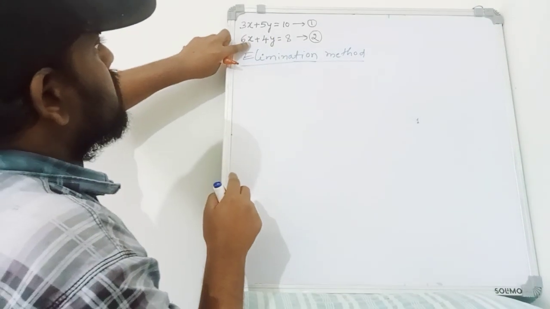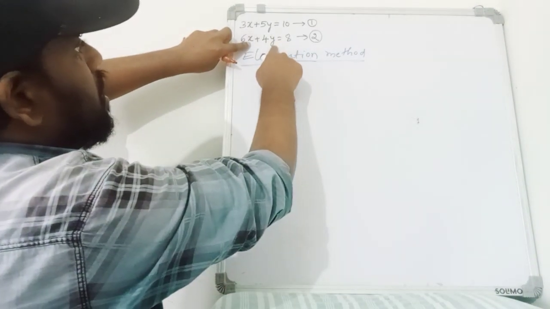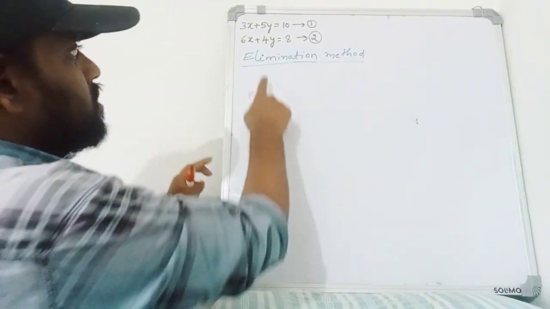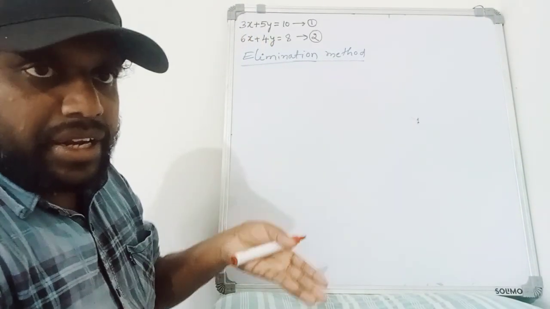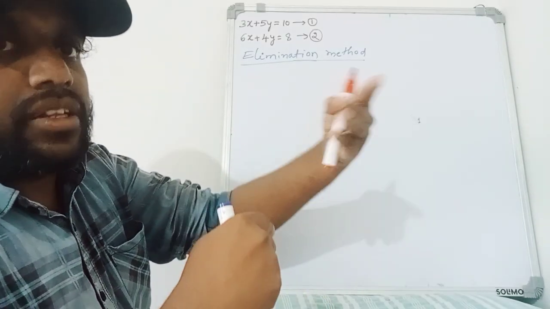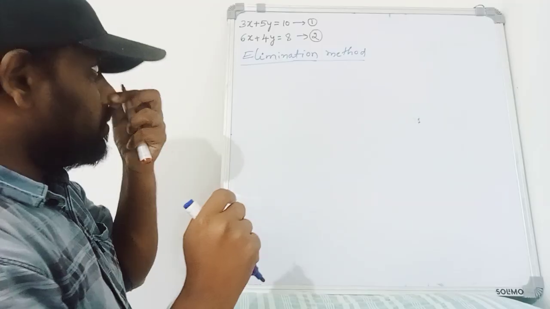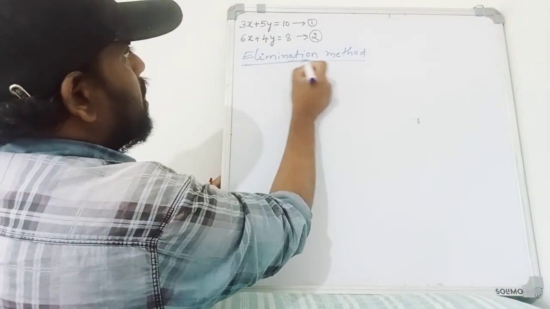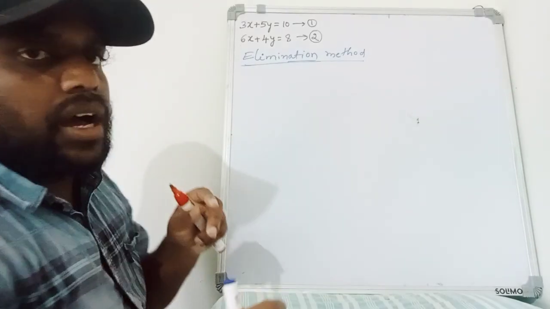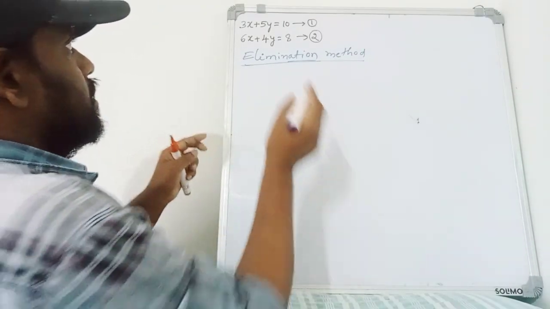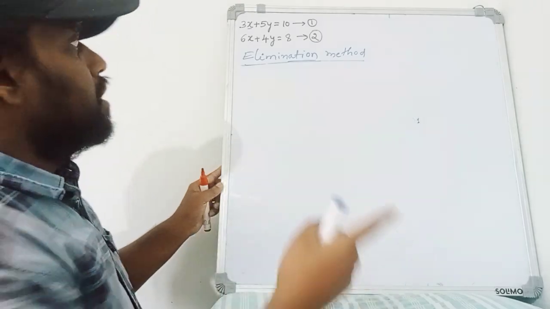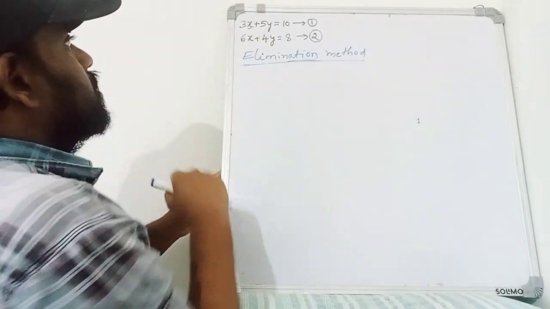If you remove this x, then we can find y, or if you remove this y first, we can find x. That is the elimination. That means we will eliminate one variable first and find the value of another variable first. So for eliminating one variable, we can consider either y or x. I will consider x. I mean, I will eliminate the variable x.